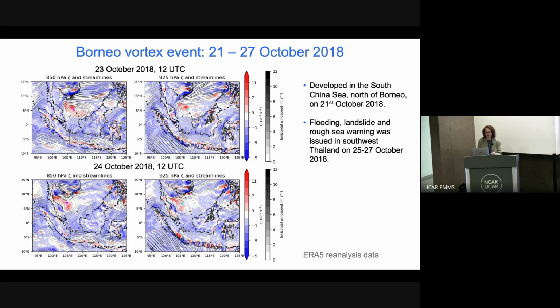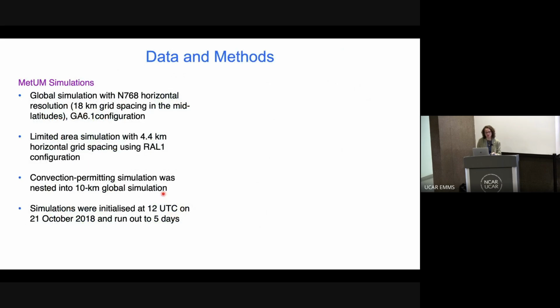And you can see on the 23rd, the vortex was located in the middle of the South China Sea, with a clear signature in relative vorticity. And 24 hours later, it moved in the westward direction and was now further in the South China Sea. We were interested particularly in this case because it led to flooding, landslides, and warning of rough sea in the southwestern part of Thailand. So we are going to investigate this case in a bit more detail using global and convection permitting METUM simulations.